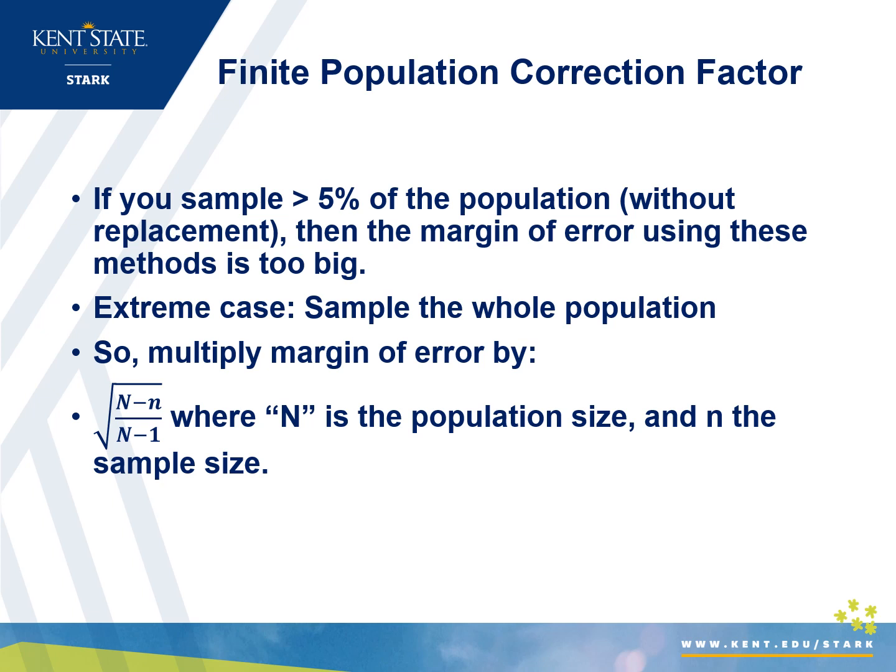If you're sampling at least 5% of the population, though, you'll want to correct your margin of error by multiplying it by the square root of the population size minus the sample size divided by the population size minus 1. So if you sample the entire population, the numerator cancels out to 0, so there's no margin of error at all. If you sample, say, 25% of the population, your margin of error gets cut roughly in half once you use this correction factor. If you sample 80% of the population, the margin of error gets divided roughly by 10.